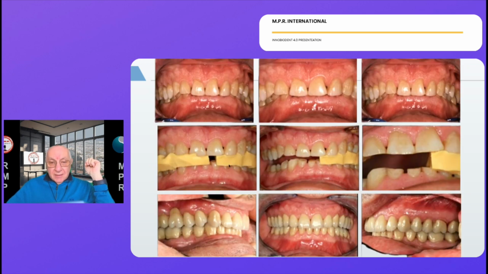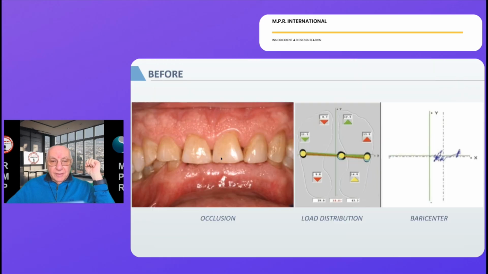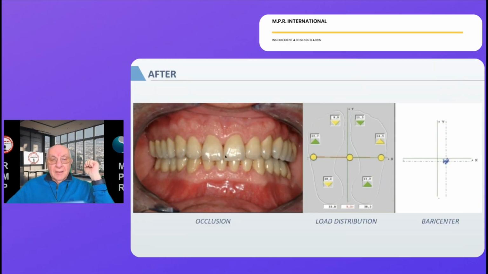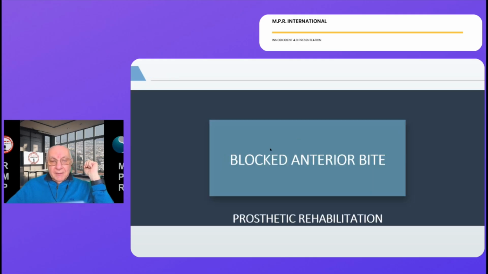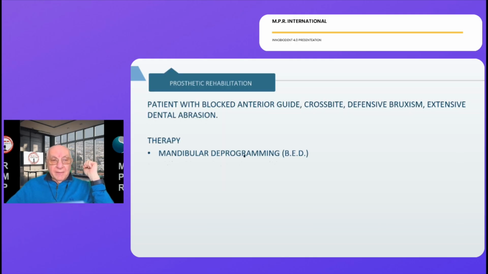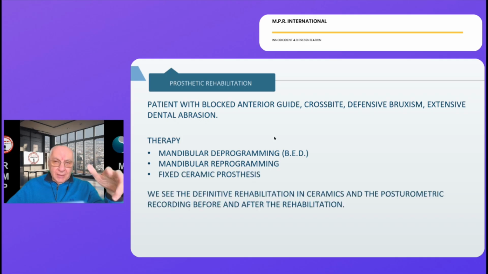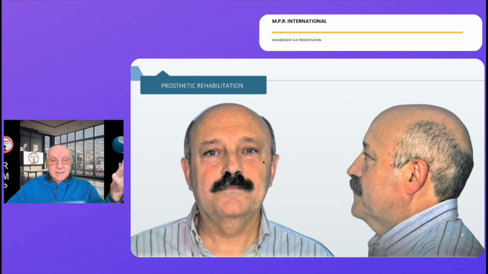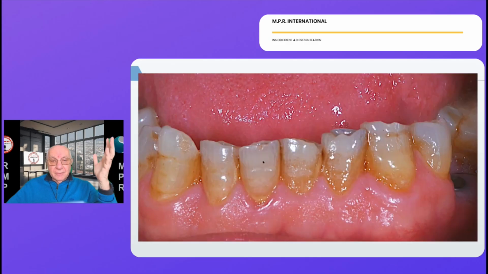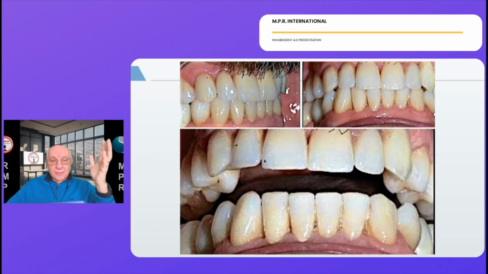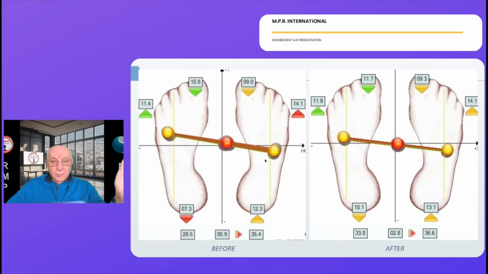We tested the vertical dimension, we valued the tested vertical dimension, and then we created the occlusion. That is the way. The same with another one. This is another patient with mandibular deprogramming, reprogramming, and so on. We create vertical dimension, good vertical dimension, and then occlusion, and we measure.